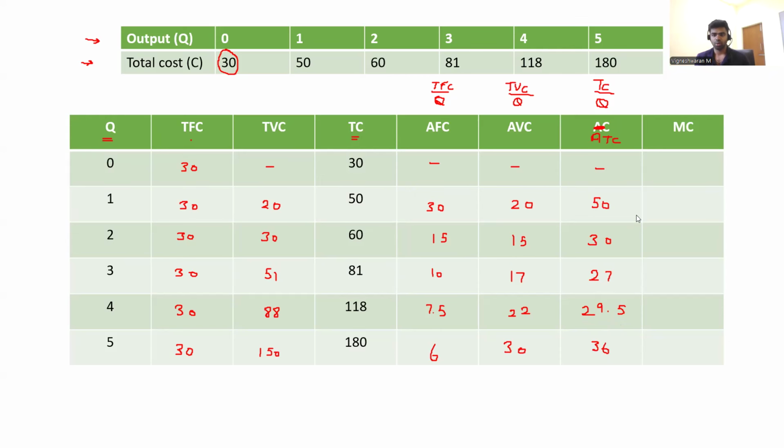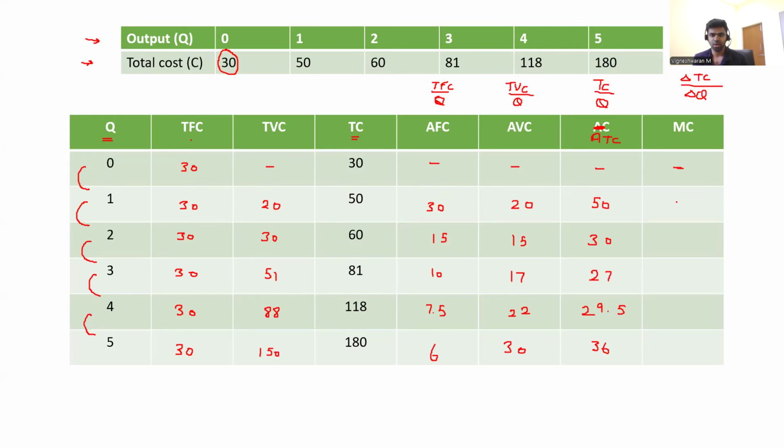Okay. Now, marginal cost. Marginal cost is change in total cost divided by change in quantity. See here, change in quantity is always 1, right? Each subsequent quantity is increased by 1 only. So we don't need to worry about the denominator. We can just simply subtract the total cost and write the answer.